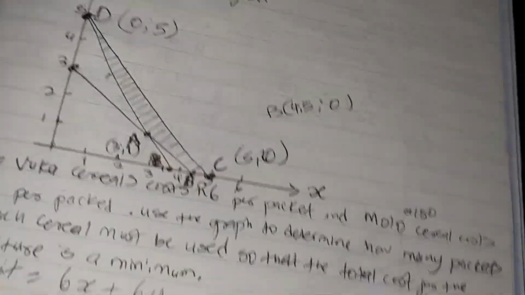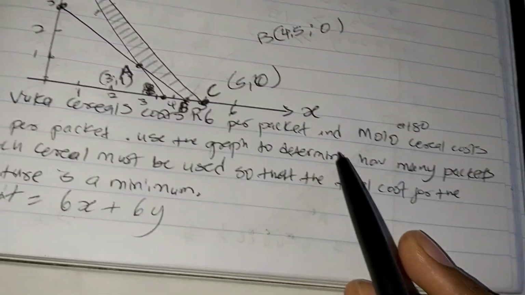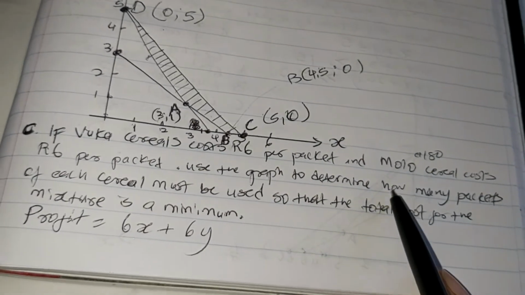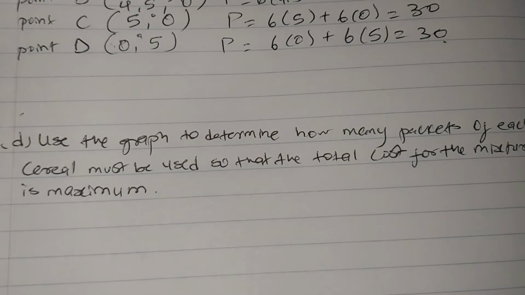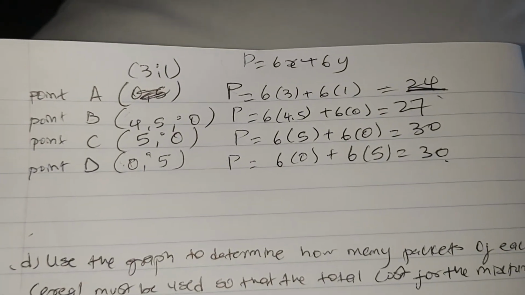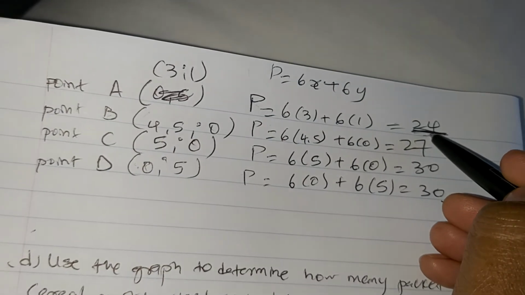They were asking us to use the graph to determine how many packets of each cereal must be used so that the total cost for the mixture is a minimum. So how many packets of Voga cereal, and how many packets of Molo cereal. We have determined the minimum cost is 24.